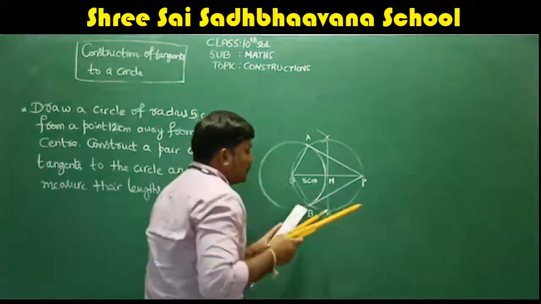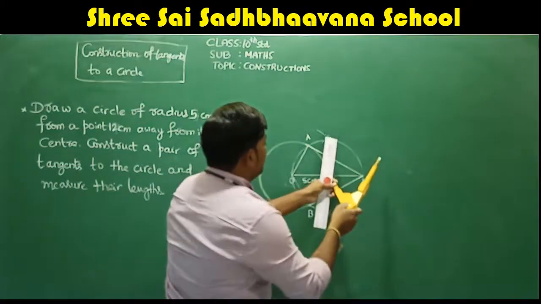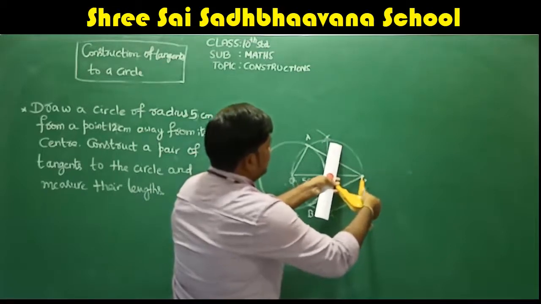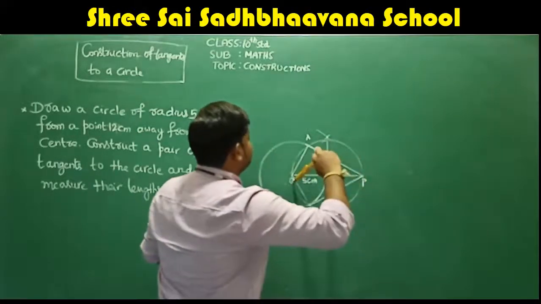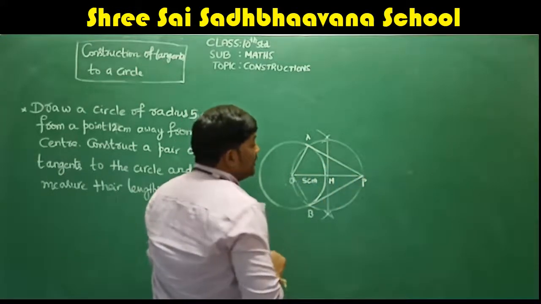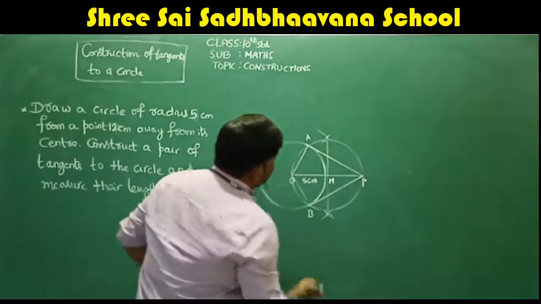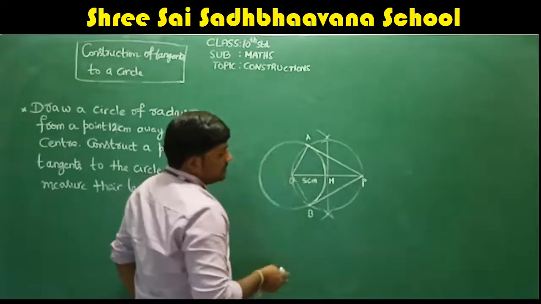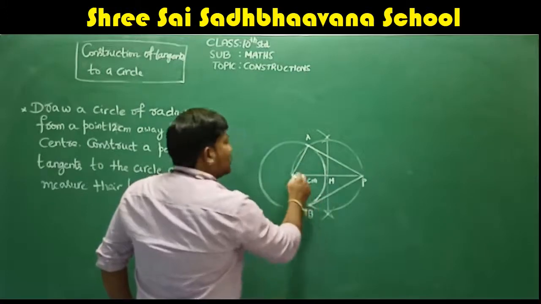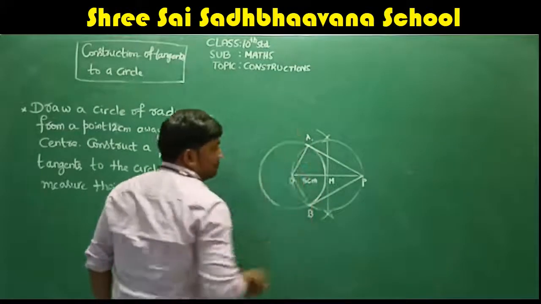After that, what do we have to do? Just take M as the center and MP as the radius. You just draw one circle. After drawing the circle, the intersection points are there, right? Name them as A and B. Join OA and OB.